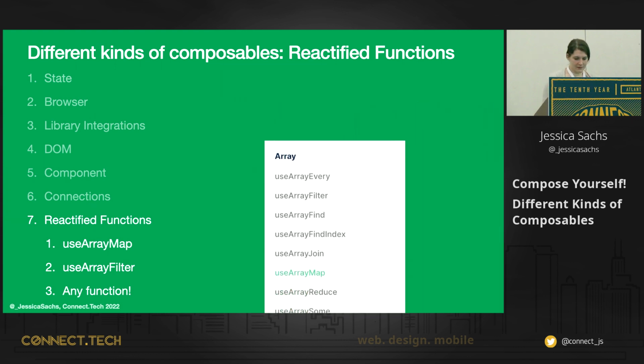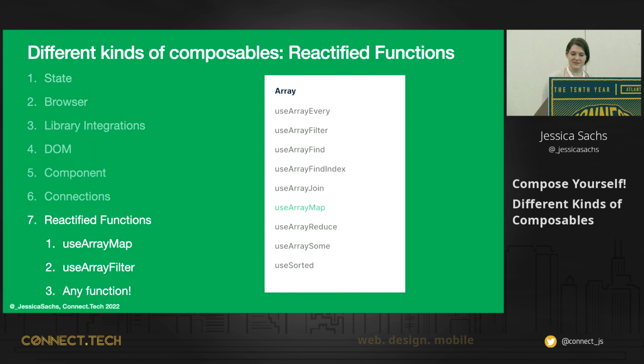And with that, I leave you with the list of functions here. Use sorted. It's particularly nice. I've written plenty of computed properties that essentially want to be use sorted. Use array find index.